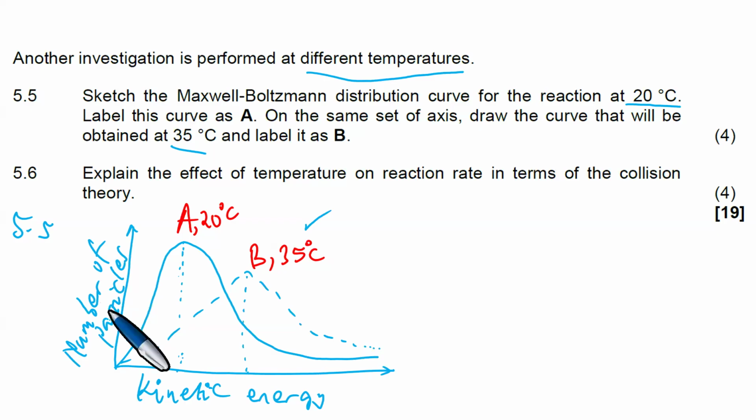And therefore the number of the particles will be such that at 20 degrees, you can view the particles as more. Why? Because at 20 degrees Celsius, the particles do not roam a lot. But here, because of the higher kinetic energy, the graph flattens.